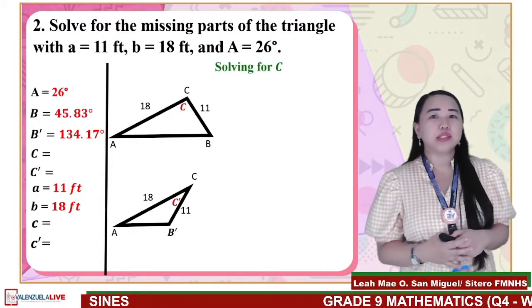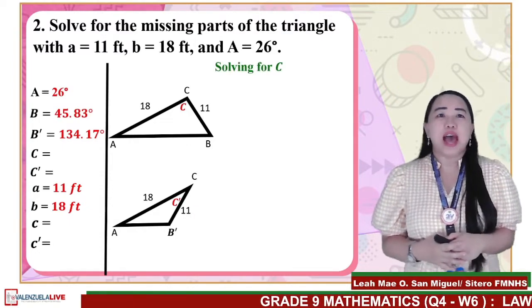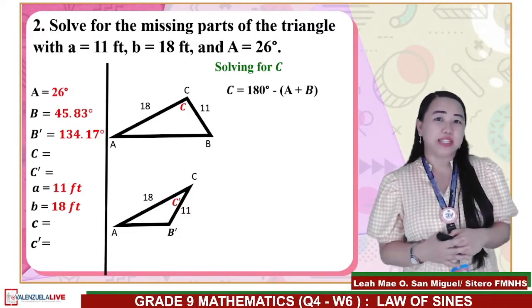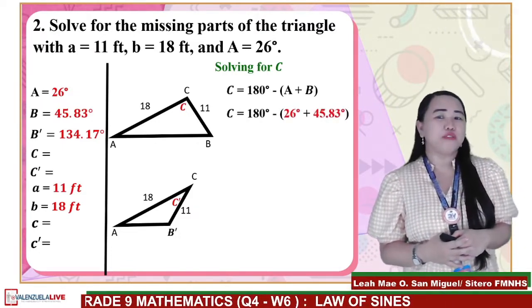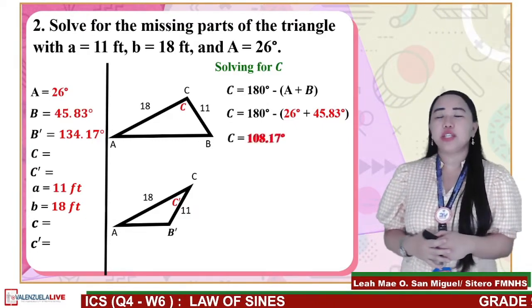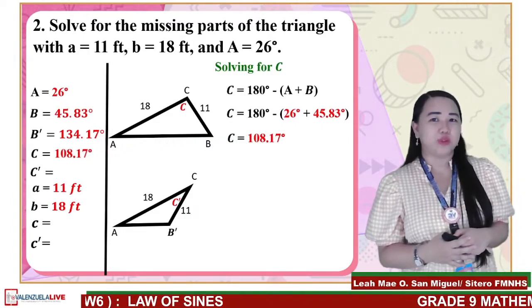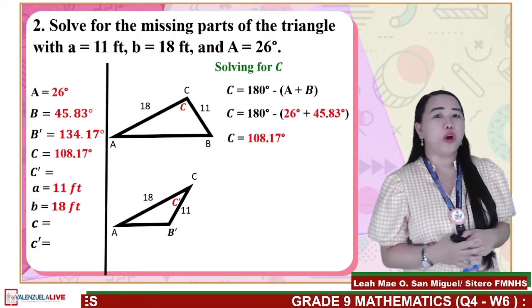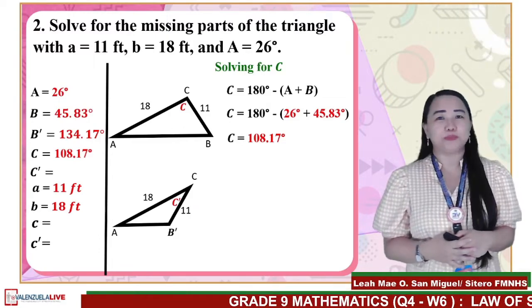In solving angle C in the acute triangle, add angles A and B and subtract it from 180 degrees. Substitute the value of each angle and simplify it. The answer is 108.17 degrees. Hence, angle C is equal to 108.17 degrees.